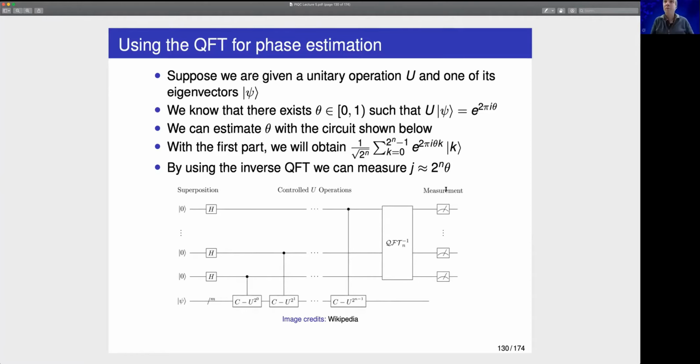Okay, so this is something that we can do in order to obtain this value or a value that is close to this 2 to the power n theta.